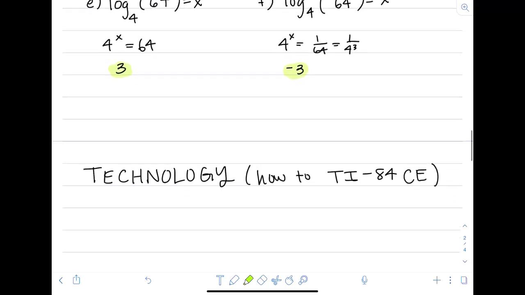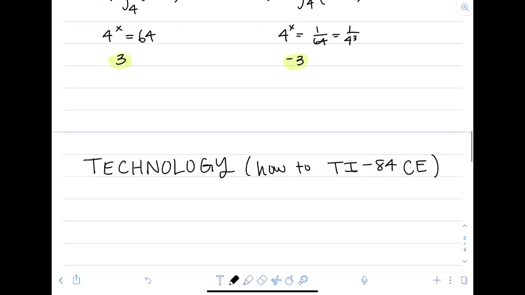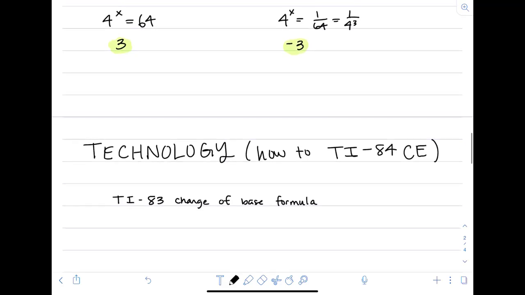What I'll say to help you guys out that are using a TI-83 is you will want to use the change of base formula. And that's going to be something that we get to in another video coming up. So let's move on to the TI-84 CE.